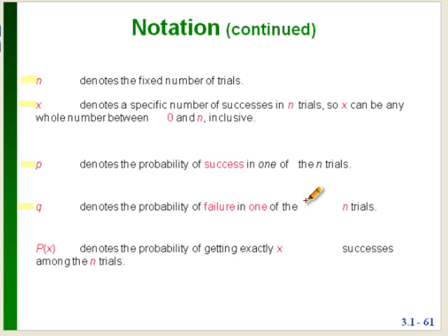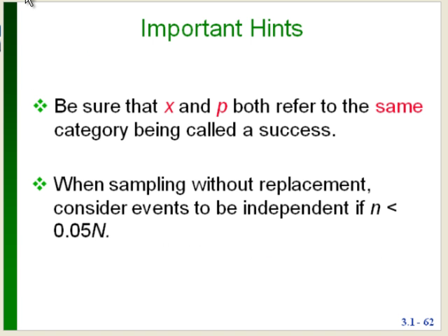Q is the probability of failure in one of the N trials. And the probability of X, and notice that this is a capital P here, is the probability of getting exactly X successes among the N trials. And exactly is an important word there.